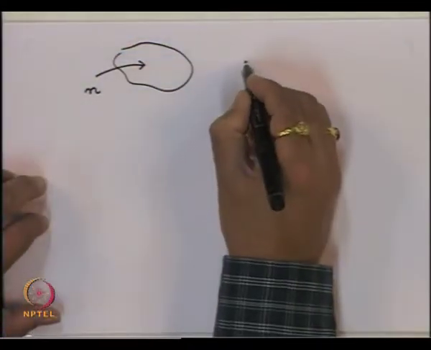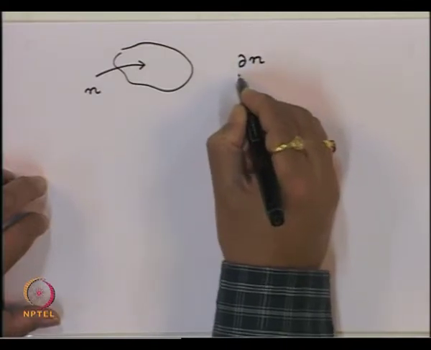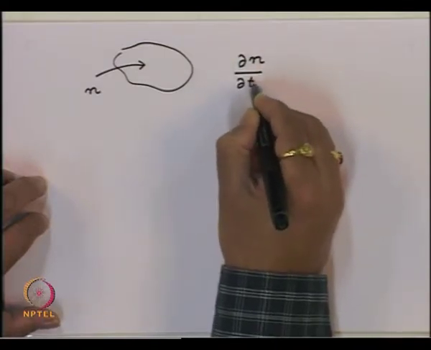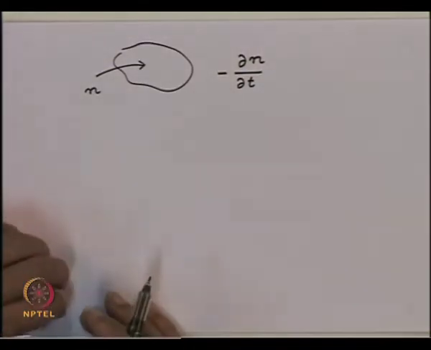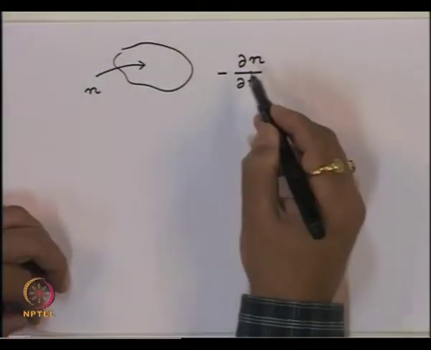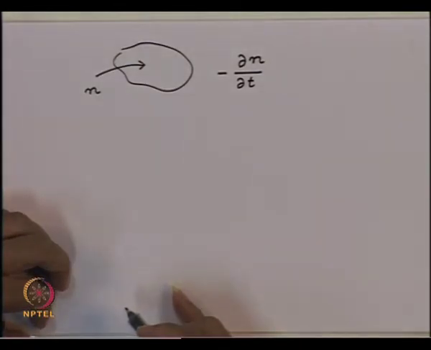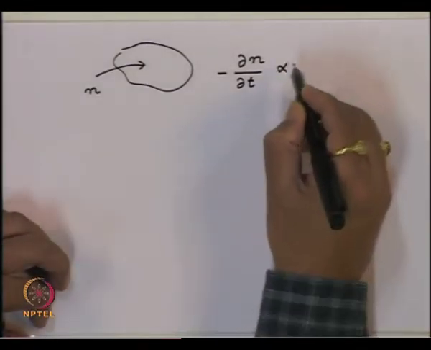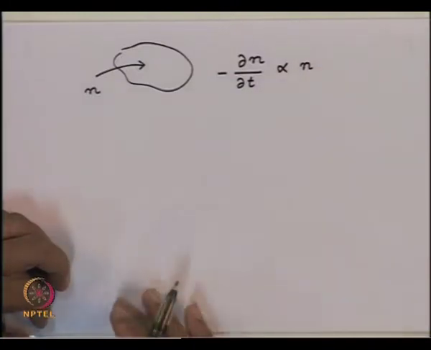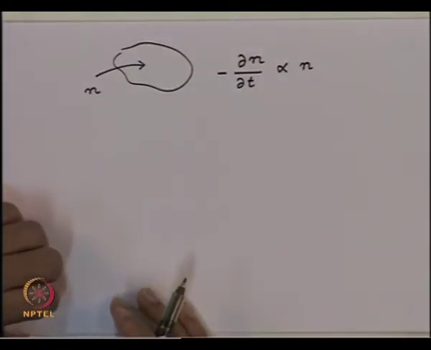So, we can write the equation: dN by dt, minus, which says that because of the recombination the carrier density is reducing as a function of time, is proportional to the carrier density n.